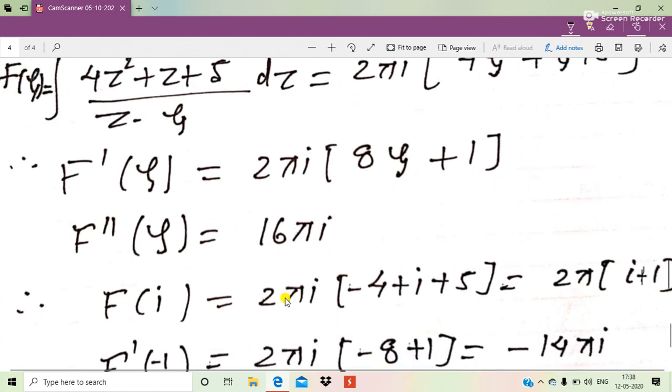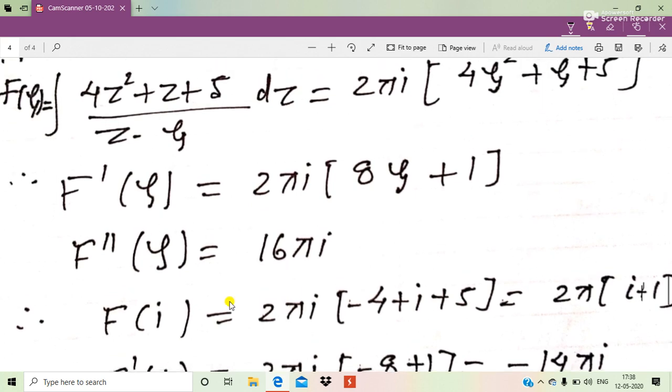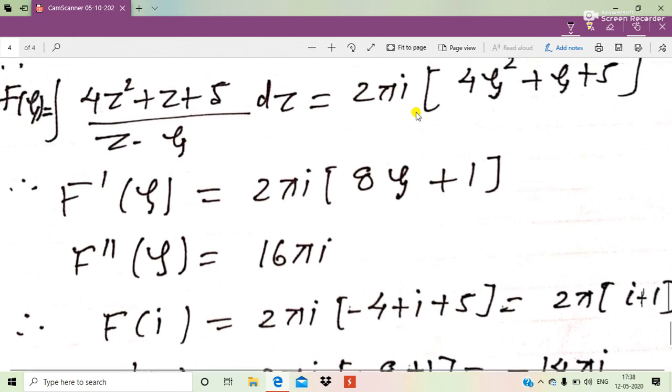Now, since we have to find out the value of f of i, in place of zeta, if we put i, f of i will be 2 pi i into (4 i square plus i plus 5). Since we know that the value of i square is minus 1, it will be 2 pi i into (minus 4 plus i plus 5). So finally it will be 2 pi i into (i plus 1). So this is the value of f of i.